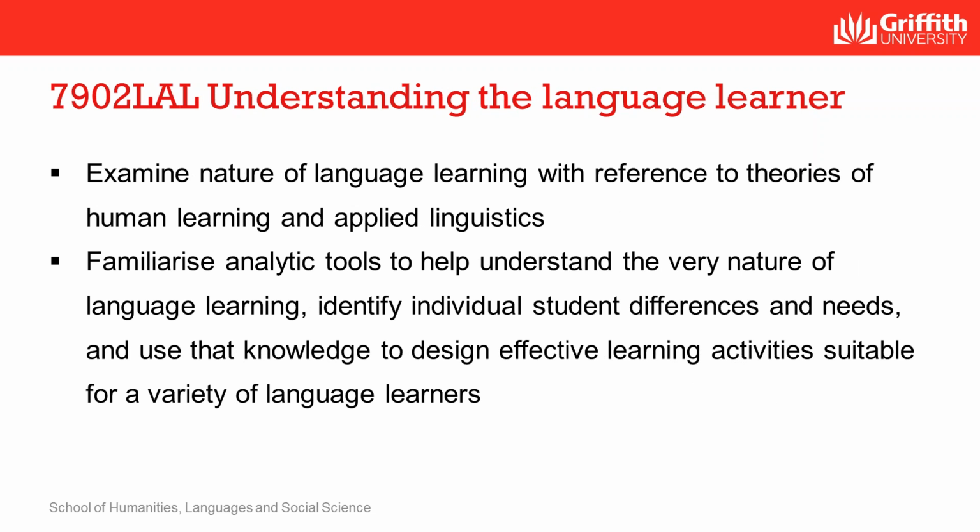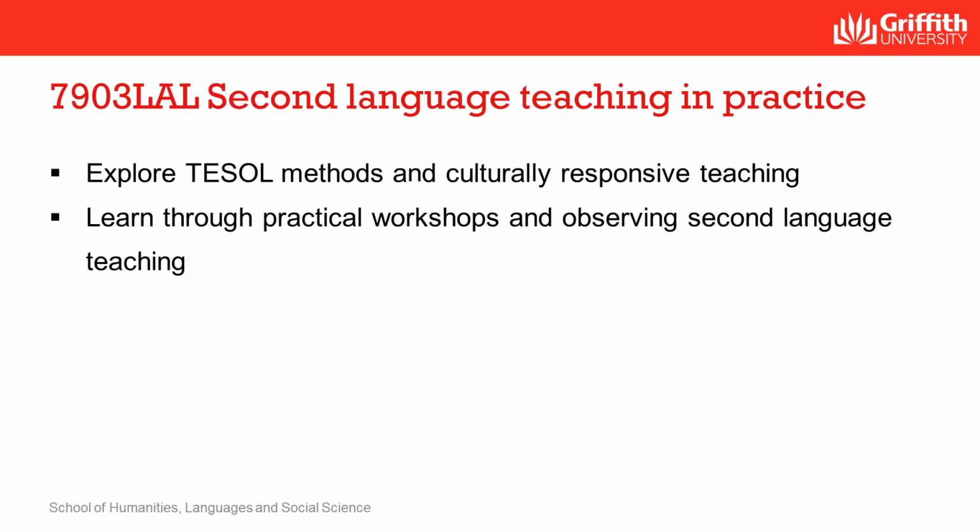By doing this course, we familiarize our students with the analytic tools to help us understand the very nature of language learning, and to identify individual student differences and needs, then use that knowledge to design effective learning activities that are suitable for a variety of language learners.